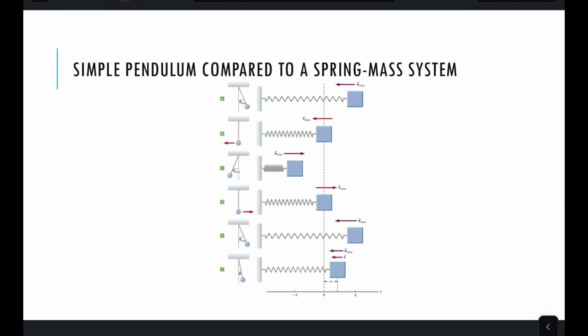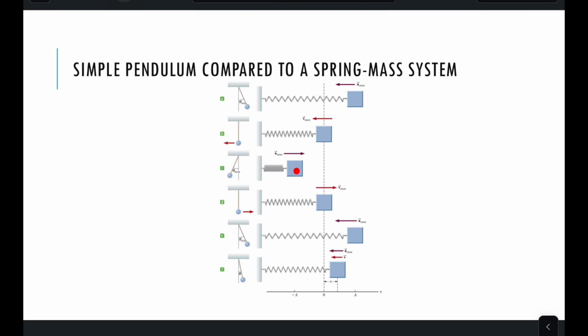So, the simple pendulum compared to a mass spring system. This is a mass spring system, this is the pendulum. It has maximum potential energy at the moment it is displaced to the positive amplitude. At the moment it reaches the equilibrium position, or theta 0, the v is maximum.